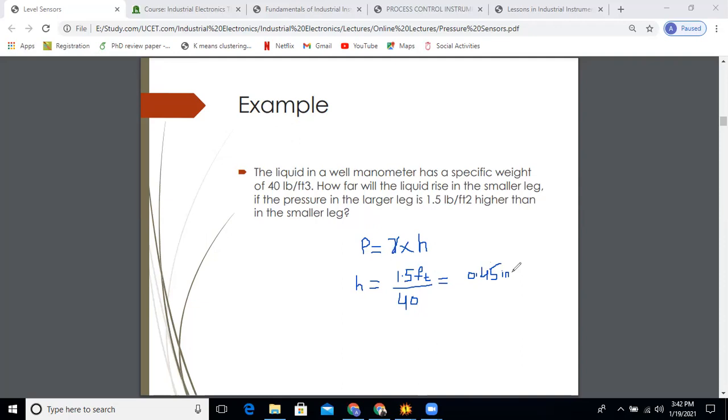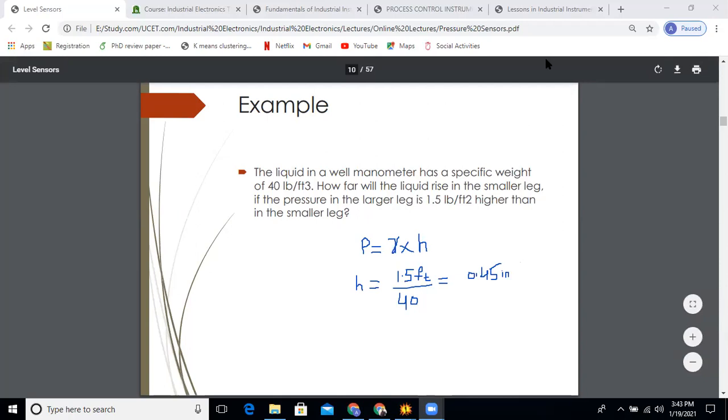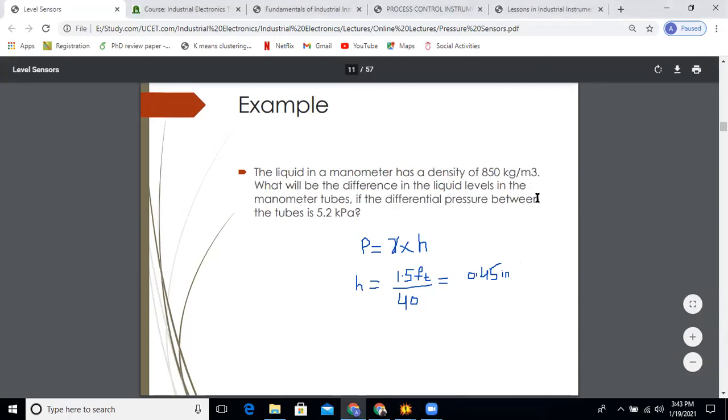So this is the value of the height, that is how much difference there is between the higher and the lower, the smaller leg. This is the difference we have calculated here. And now we will see another example on the next page.